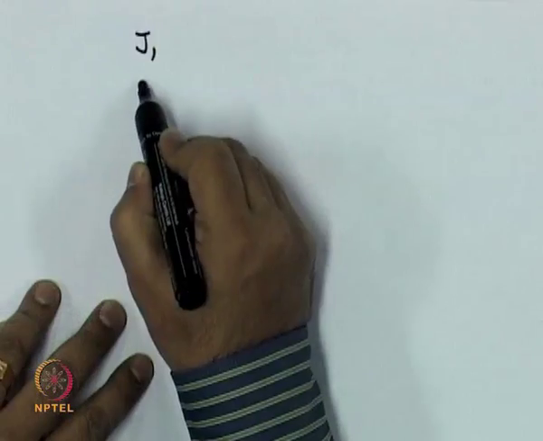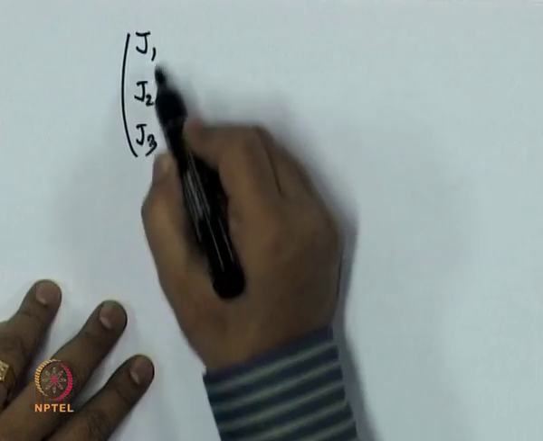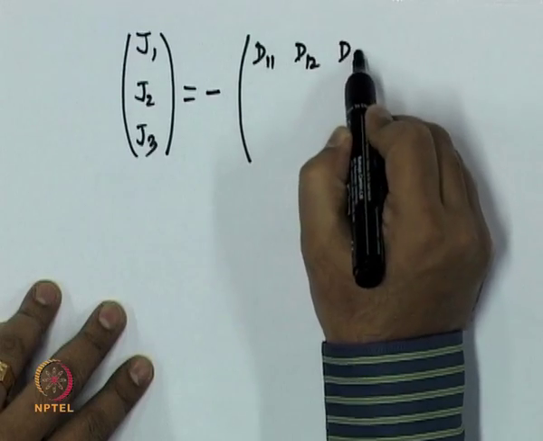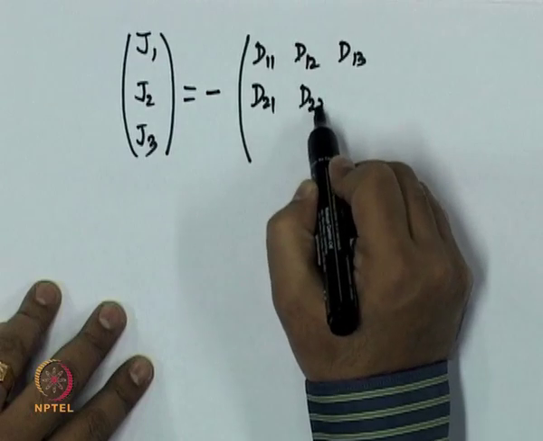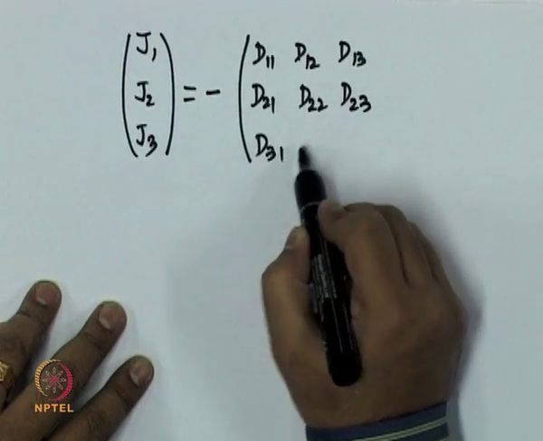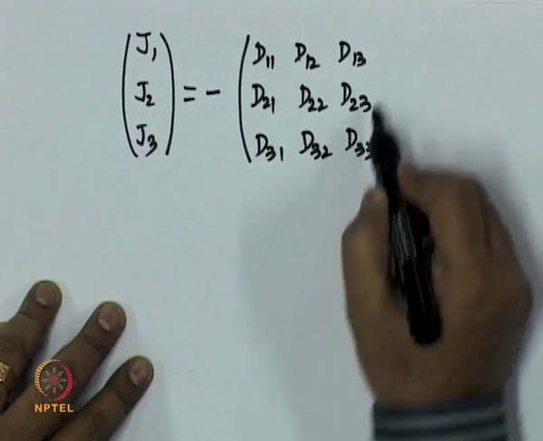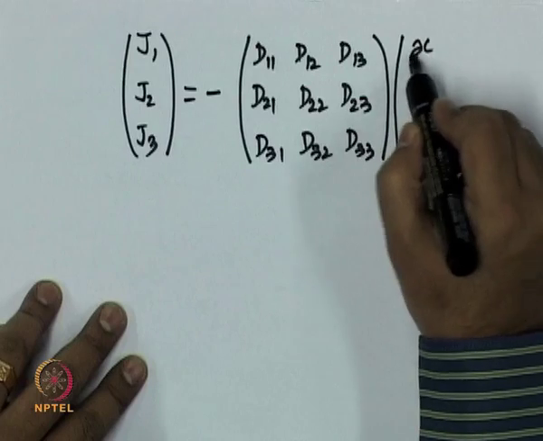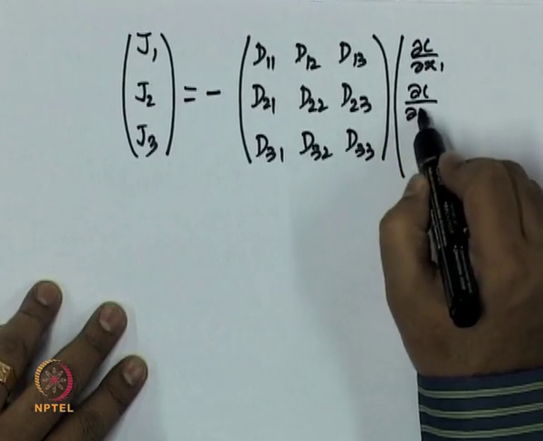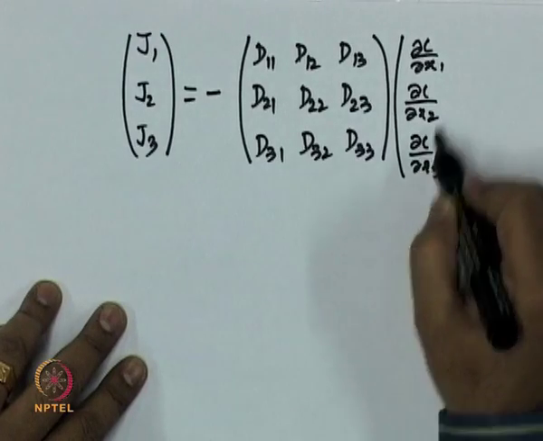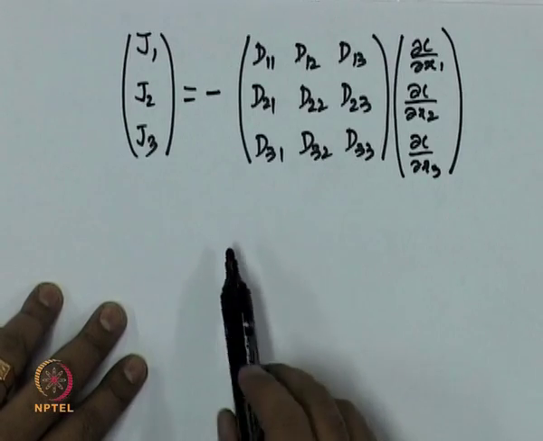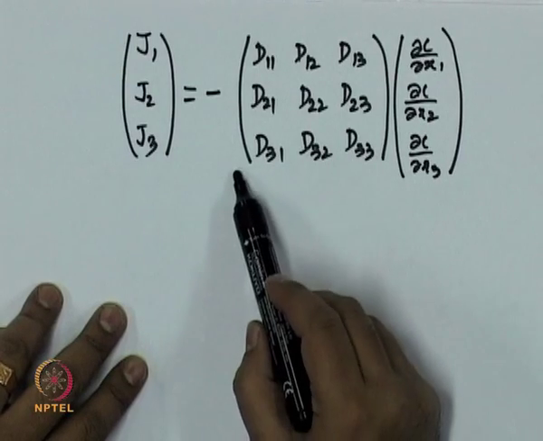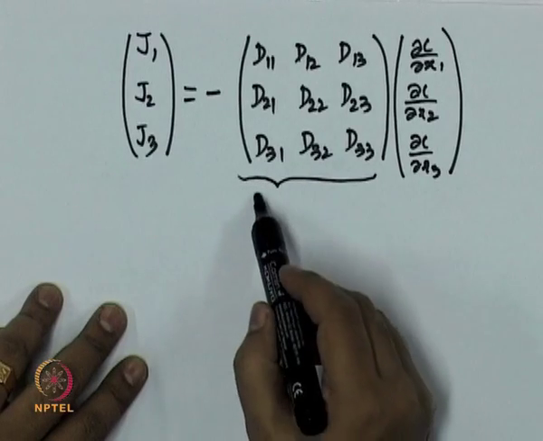So, I say J1, J2, J3 is equal to minus D11, D12, D13, D21, D22, D23, D31, D32, D33, and then we say okay, let us dou C by dou x1, dou C by dou x2, dou C by dou x3, right. So, now you can see that D is a quantity with two indices. So, by our definition this will become a second rank tensor.